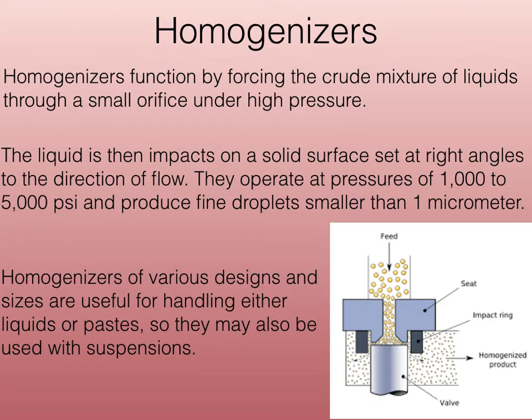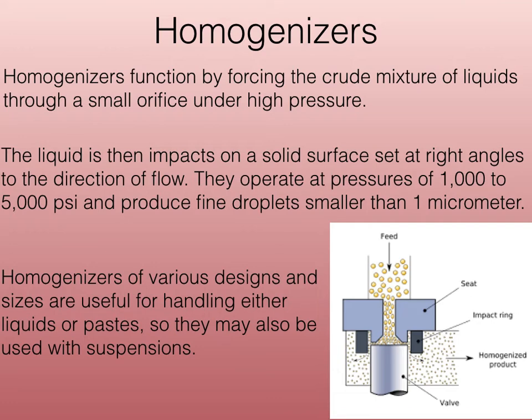As the liquid impacts on a solid surface set at right angles to the direction of flow, they operate at pressures of 1000 to 5000 pounds per square inch and produce fine droplets smaller than 1 micrometer. Because when they operate at this high pressure, it will produce the finest dispersions and a homogenized product.